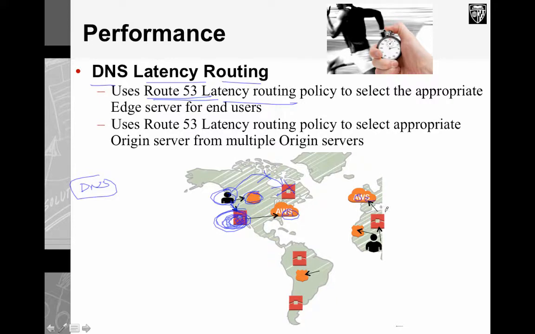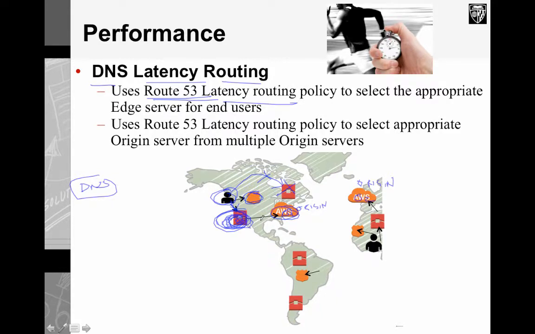So this is the AWS infrastructure. These are your origin servers. So origin 1 and then the origin 2. These are the two origin servers. The edge server has the opportunity to go to this origin server, which is in the East Coast, or the other origin server, which is located in Europe.